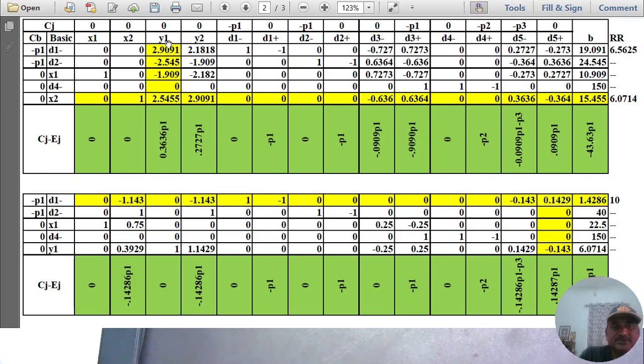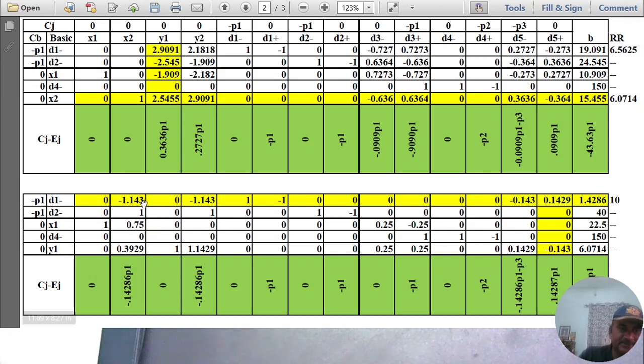After this becomes the entering variable, we once again find the replacement ratio. Replacement ratios are not to be taken when the key column has a negative or zero entry. So here all these values are zero, and the minimum replacement ratio I get is for variable X2. So X2 will be the leaving variable and y1 will be entering.